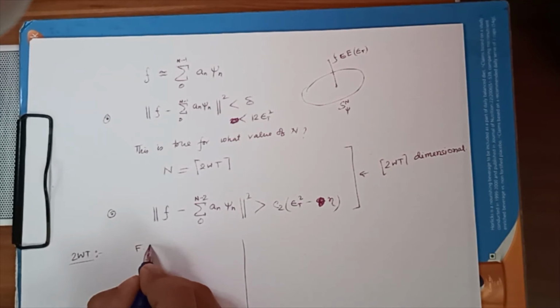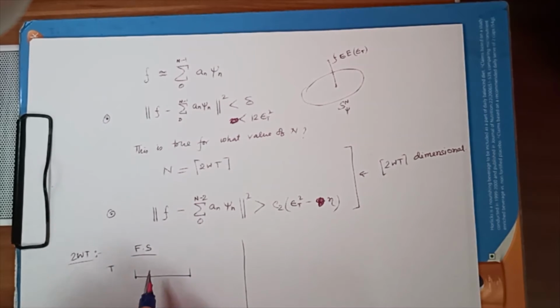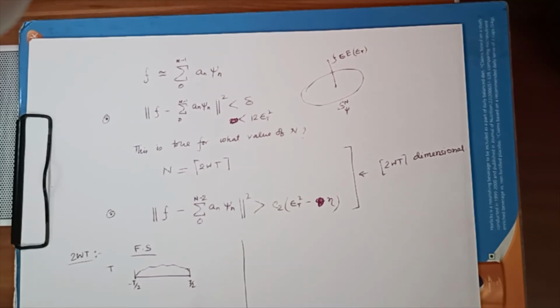From Fourier series, what we can understand is that if the signal indeed has time duration T, suppose the uncertainty principle is wrong, so exactly T, there is no spillover, then for a signal having this duration, minus T by 2 to T by 2, we can have a Fourier series expansion. If I do Fourier series expansion, what will be the fundamental frequency? The fundamental frequency will be 1 by T.